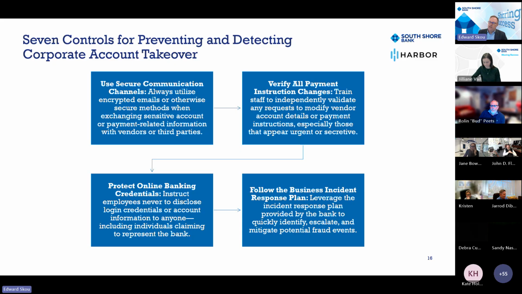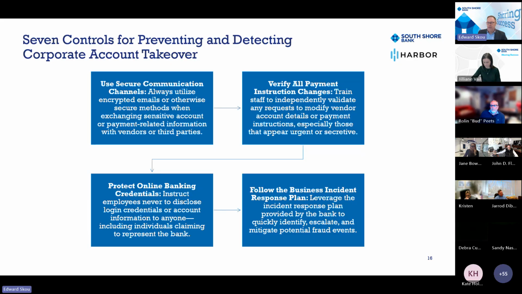That's where we typically see it: the vendor's email is compromised. So by using secure email, they're creating credentials in order to access that email, which is another layer on top of their email account. So we think that's very important.